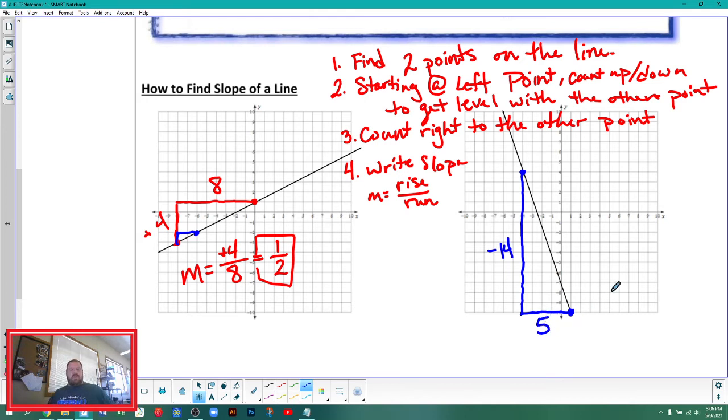So this is a really good example that I bet a lot of people would have looked at some of those points in the middle and said, oh, that looks good. For instance, if you were to pick this point because you thought it looked good, you would get something like down 1, down 2, 3, 4, 5, 6 over 2.